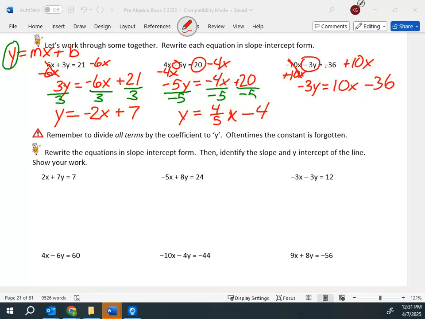What's my next step? Eleanor, divide what by negative 3? Divide all of my terms by negative 3, because I want to get the y by itself. What is negative 3 divided by negative 3? A positive 1.